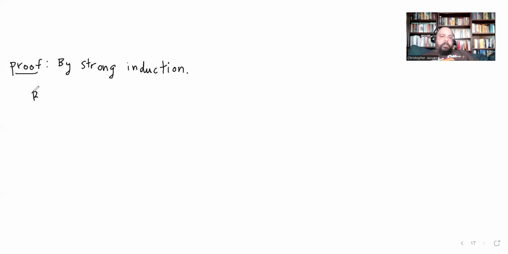Right, here's our base step. The base step will be for k equals 1. So in other words, we're showing that this is equal to this, which is obviously true. The sum of a single term is just whatever the term is, right? So that's okay. And then the inductive step.